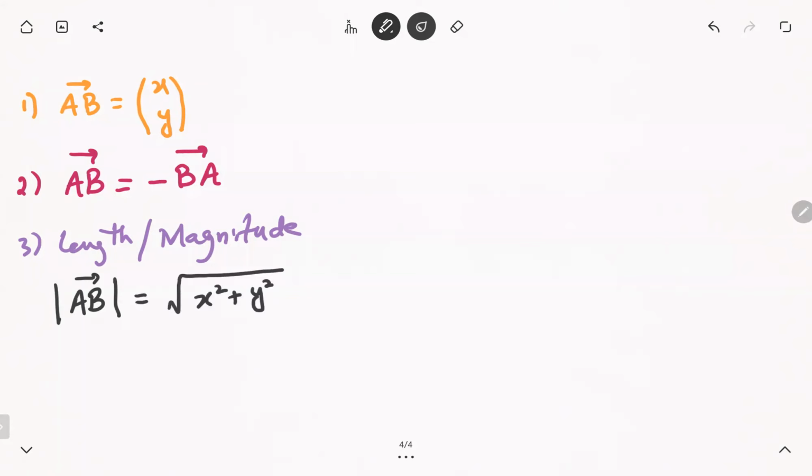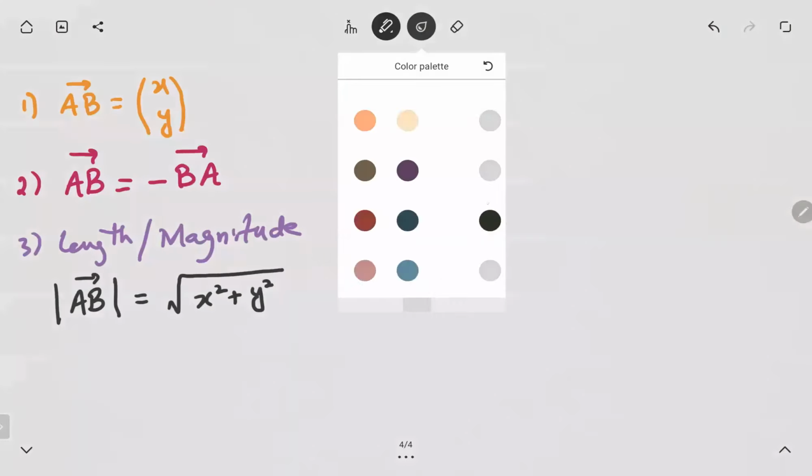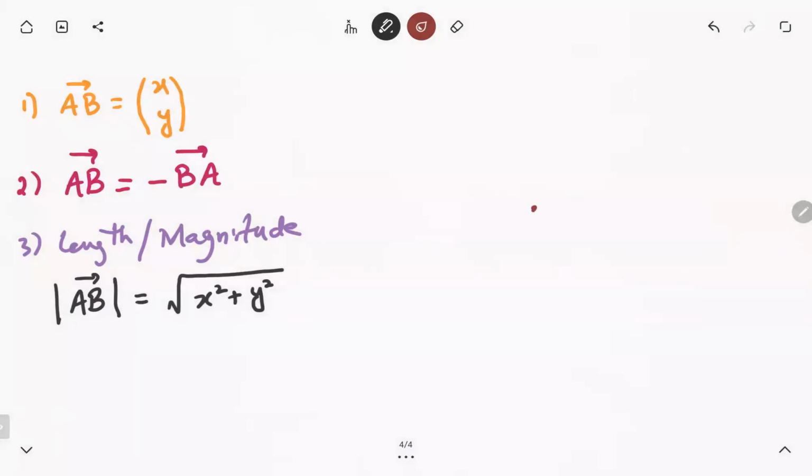Basically, the length of a vector by using this formula, square root of x squared plus y squared, is not a new thing for you. ये actually Pythagoras theorem ही है. अगर मैं आपको ये बताऊं कि यहाँ पे this is the A point.